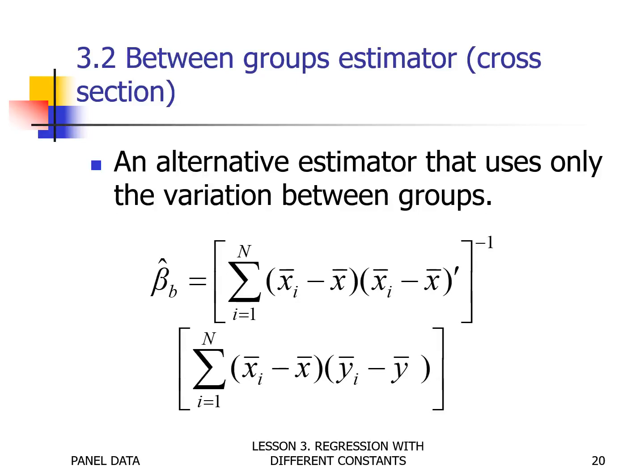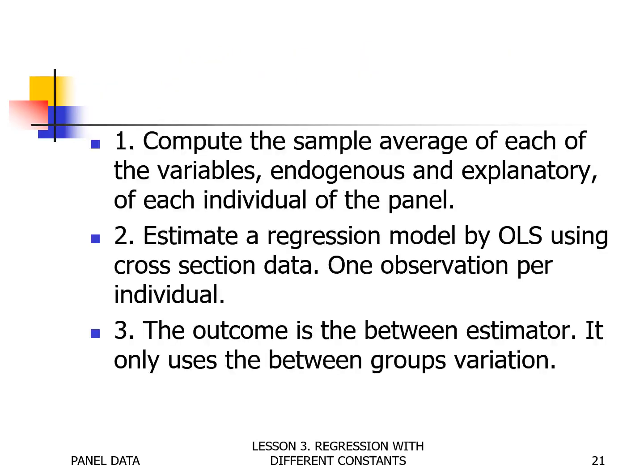B means between, and the idea is that you only look at the variation between individuals and not the variation within each individual. So that would be the between groups estimator. This is interesting, and this is something that we want to deal with later.